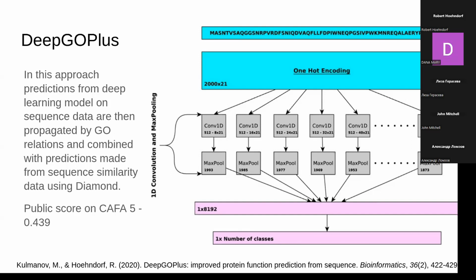They used a larger number of classes, and they also used a larger length of sequences, up to 2,000. And the public score on CAFA 5 you can see on the slide.